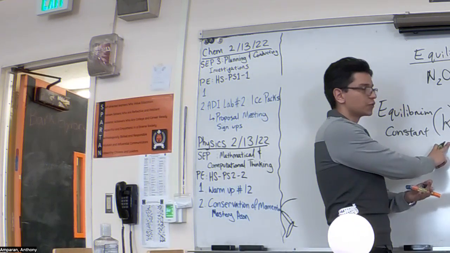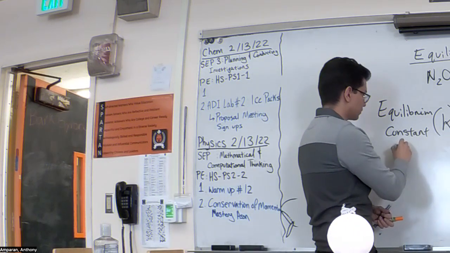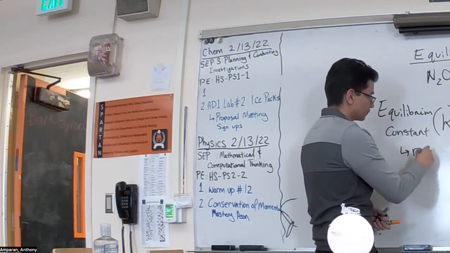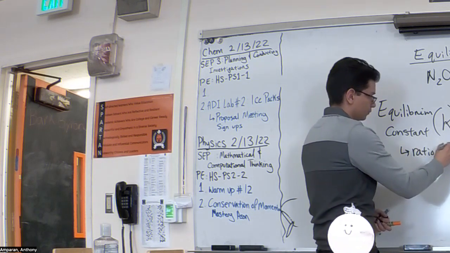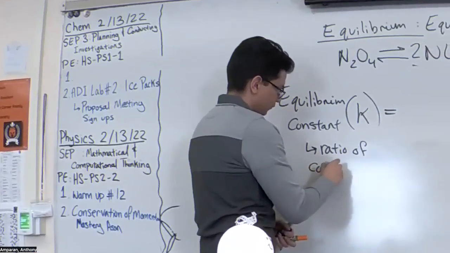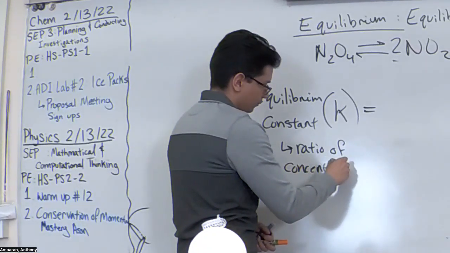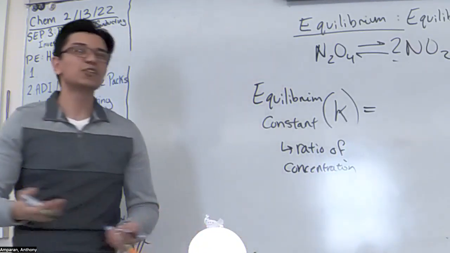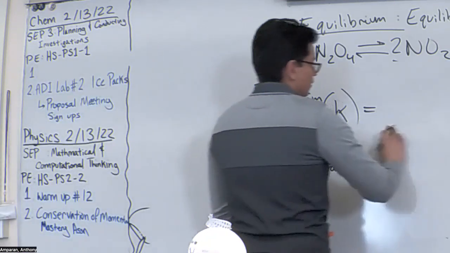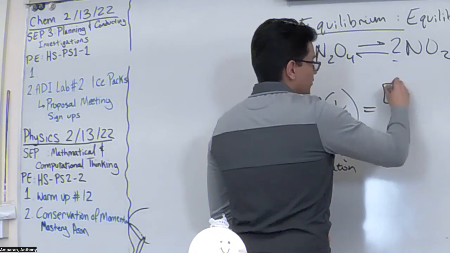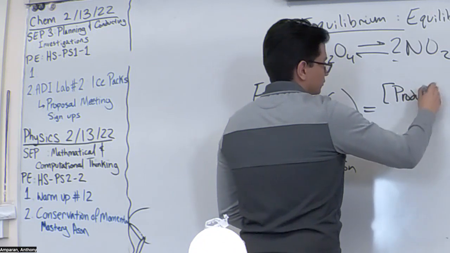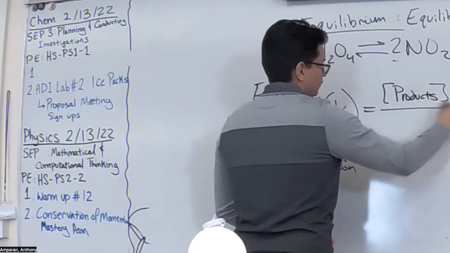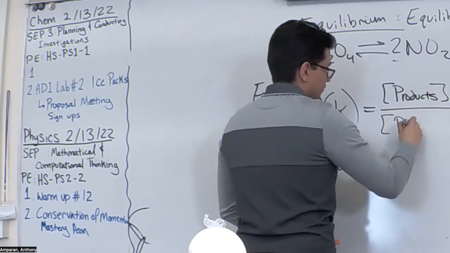Because we want to keep things pretty general, we're going to use a general formula. If I want to figure out this ratio, because the equilibrium constant is really just a ratio, a concentration ratio, we're going to take our products divided by our reactants.